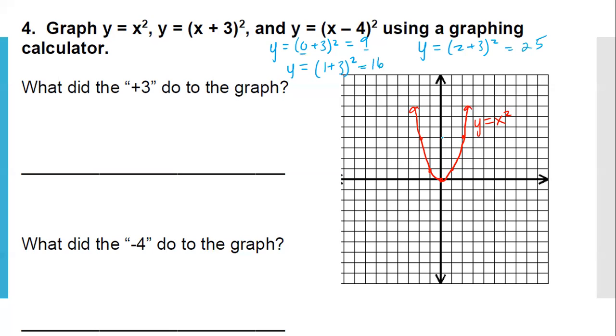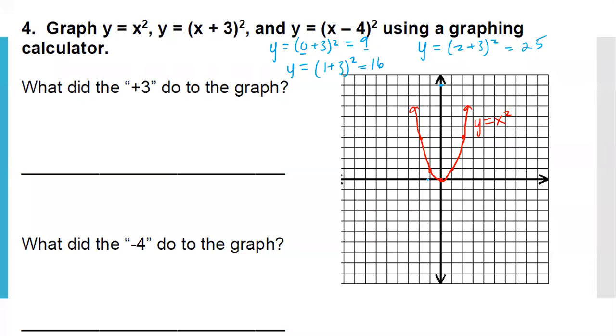1, 2, 3, 4, 5, 6, 7, 8, 9. Okay, so can I graph 16 and 25? No, they're too large. So I need to choose other numbers to test out.